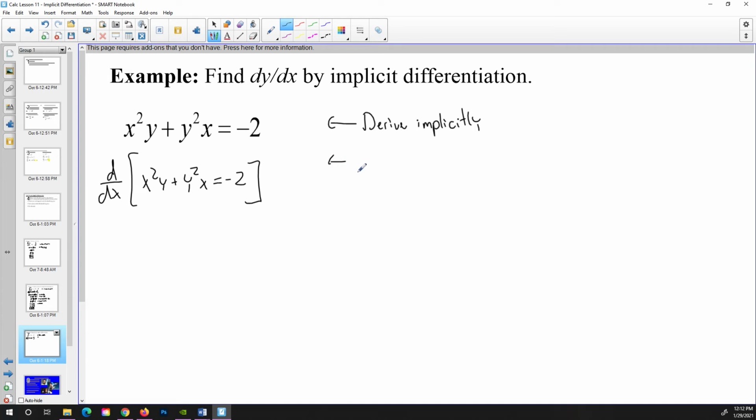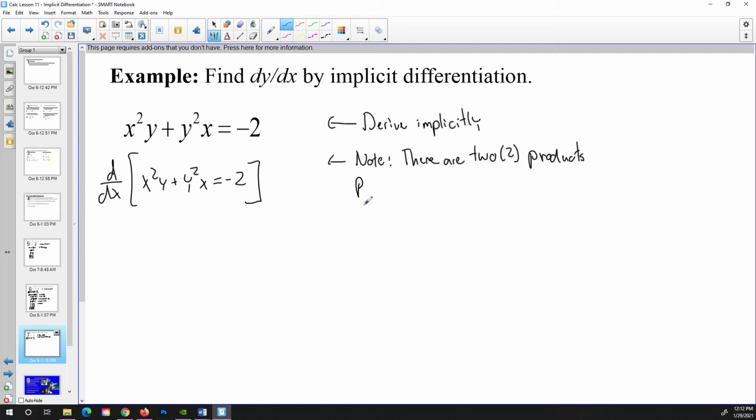I should note here there are 2 products. So I have a product of x squared and y, and y squared and x. So I'm going to need to do the product rule twice on this thing to get it done correctly.